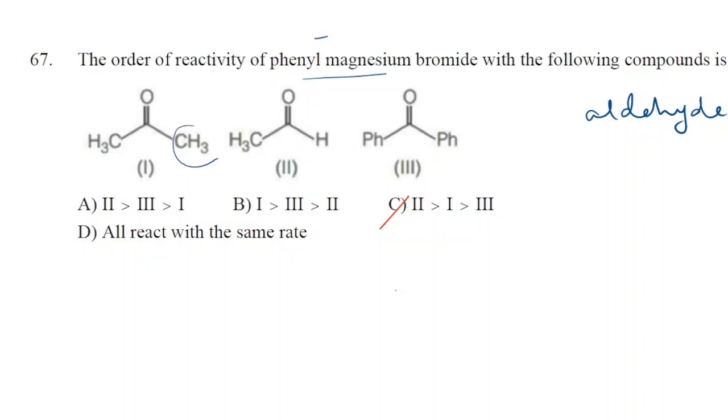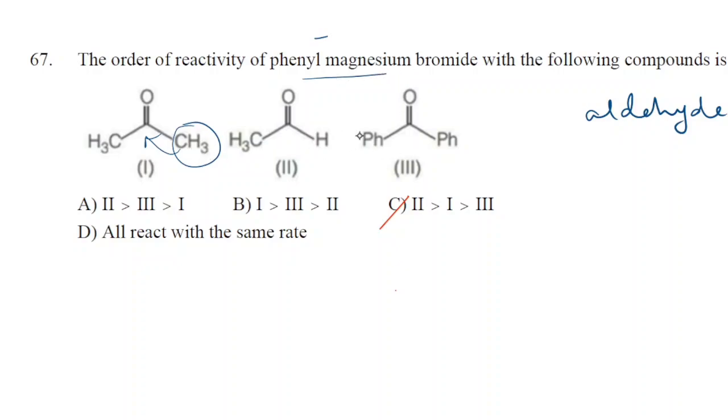acetone contains extra electron releasing groups which makes less positive charge on the carbonyl carbon, where the nucleophile readily can't attack. And because of the steric hindrance also, you can say that the acetone is less reactive towards nucleophilic addition reaction with that of Grignard's reagent, right?